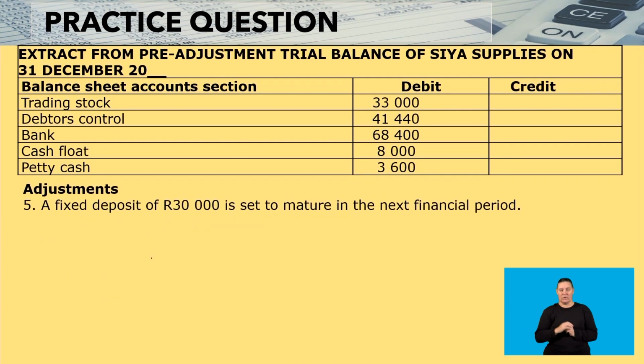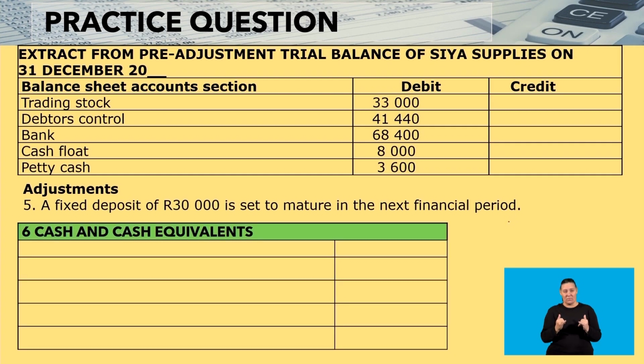With me here, I have an extract from the pre-adjustment trial balance of CS Applies, and I have one adjustment which reads, a fixed deposit of 30,000 is set to mature in the next financial period. Now, I am going to do my note 6, which is cash and cash equivalents.